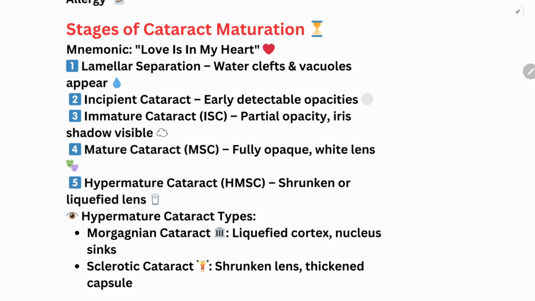As simple as that. This hypermature cataract is further divided into types. First one is Morgagnian cataract. Second one is sclerotic cataract. In Morgagnian cataract, you will see liquefied cortex and the nucleus sinks, because the cortex is liquefied.